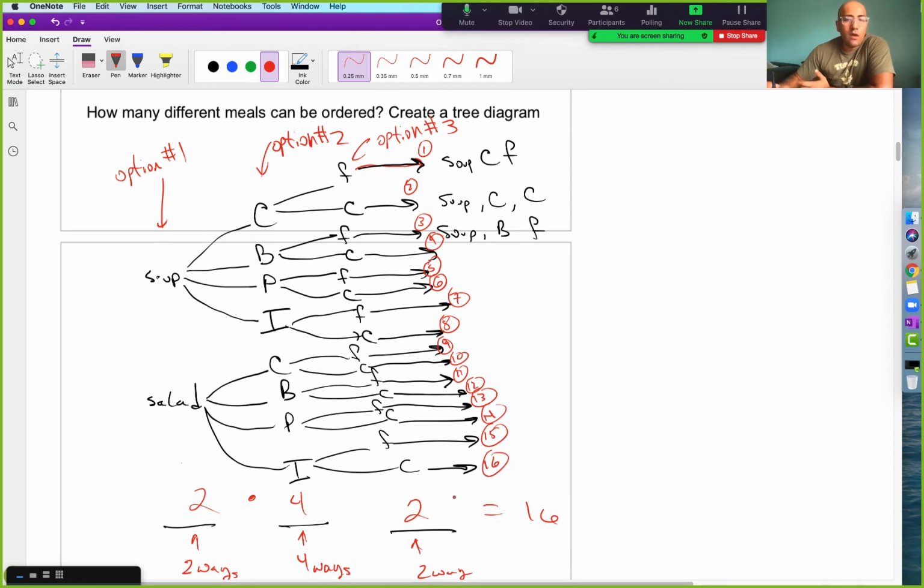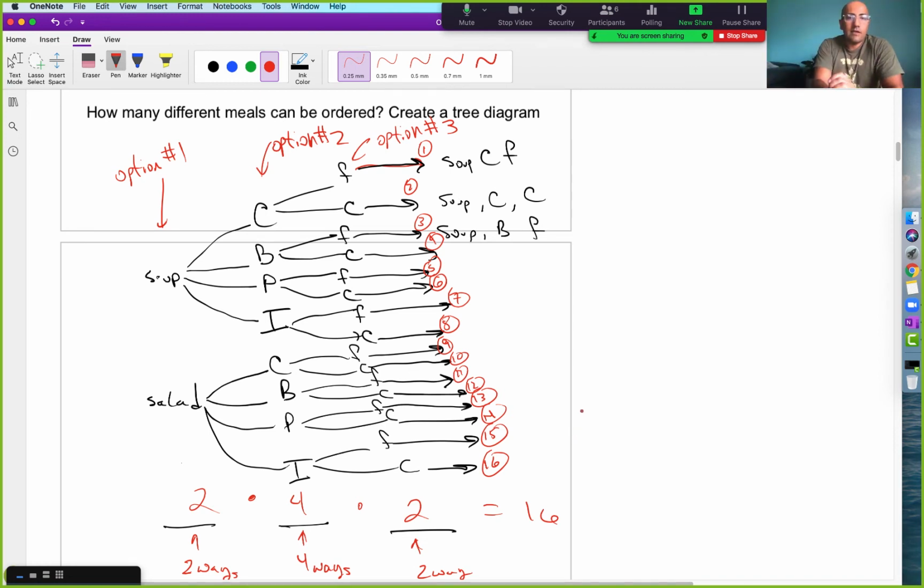Good. So if I just want to know how many ways are there, I could just multiply the number of options available for each of the choices I have to make, and then that will tell us how many there are total. On the other hand, if you're asked to write them all down, or if it's important to write them all down, then a tree diagram will help us do that, to figure them all out.